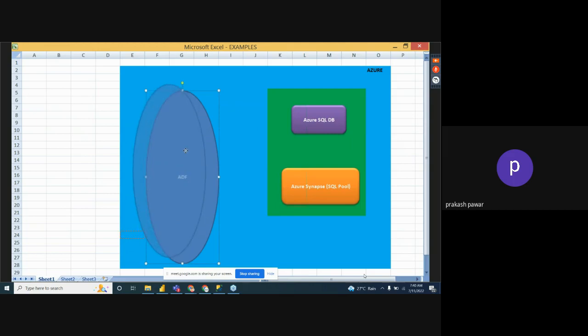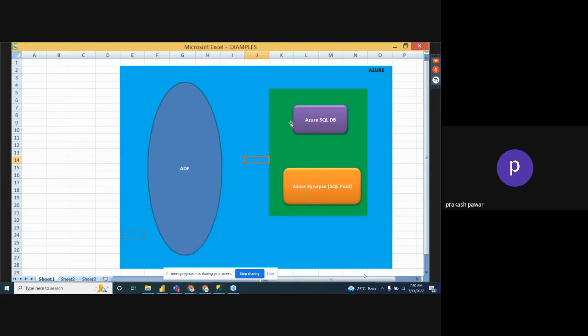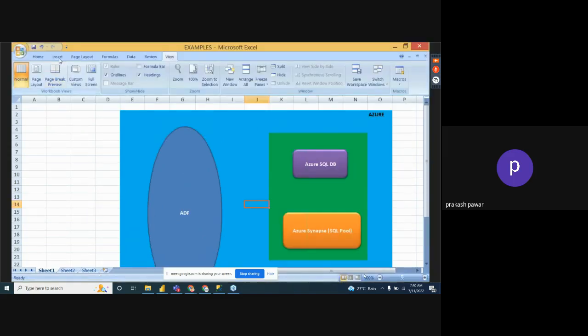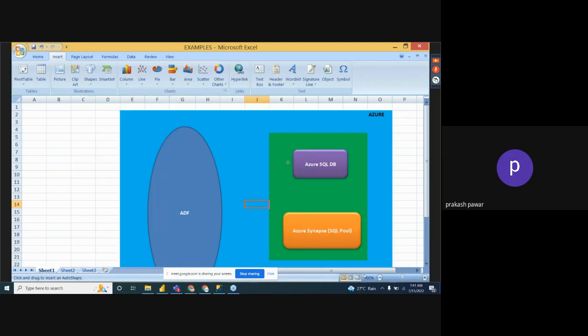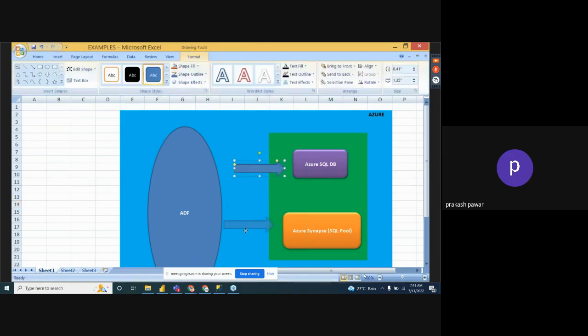Now, a very, very important item. You see some Azure SQL database, right? Do you remember which service is required to establish connections? Linked service. Which service is required to create the linked service?